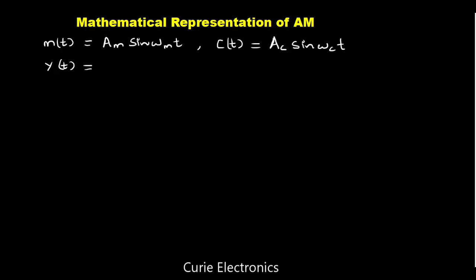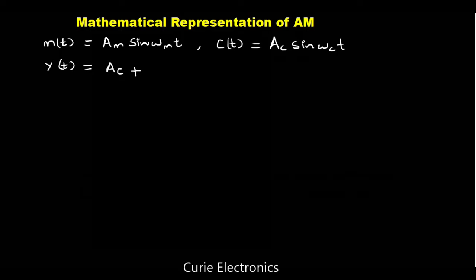Y of t represents what? Amplitude modulated wave, AM wave. Now for a wave, what do we write first? First we will write the amplitude: AC plus. Not AM, sorry, that is AC, because the carrier wave frequency is the same, the carrier wave amplitude is the same, that is AC.